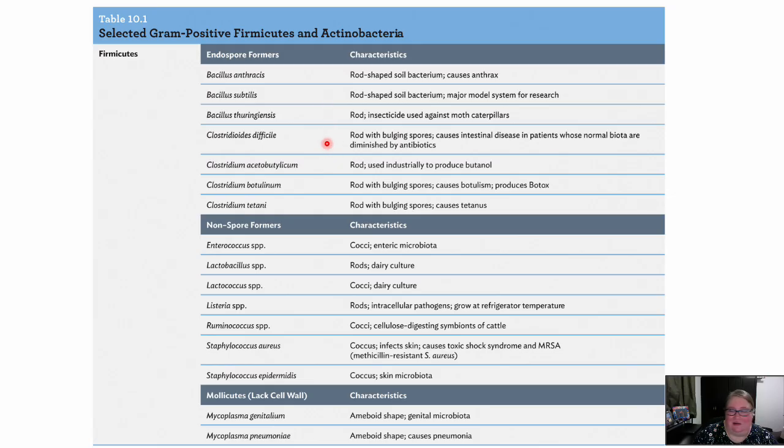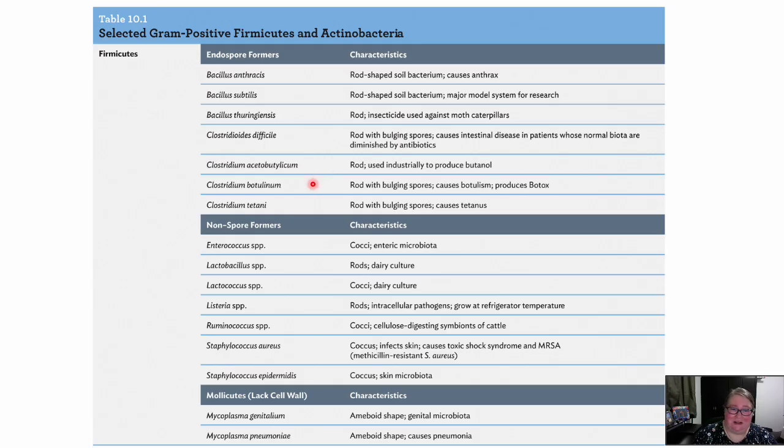We have C. diff. We've talked about this. If you take really strong antibiotics and you don't eat your yogurt or probiotics, you can kill all the good bacteria in your gut, leaving C. diff, which is the bad bacteria. Okay, this is going to cause a lot of GI issues. It's actually really terrible, and it's really hard to get rid of once you have it. We have Clostridium botulinum. We talked about this.